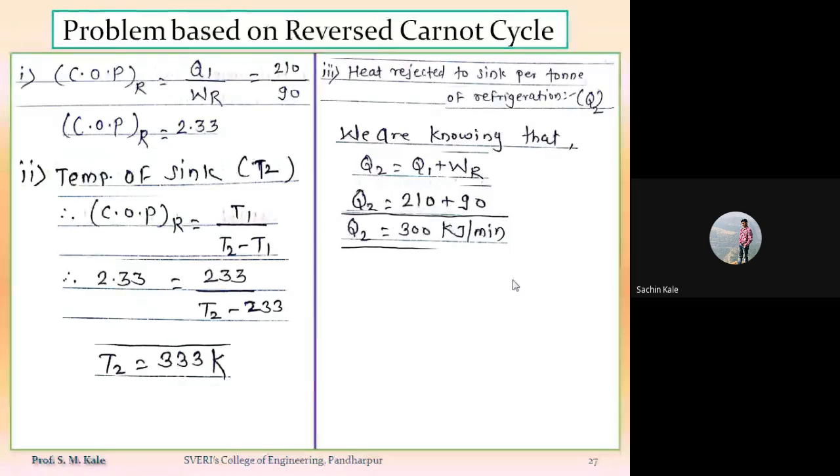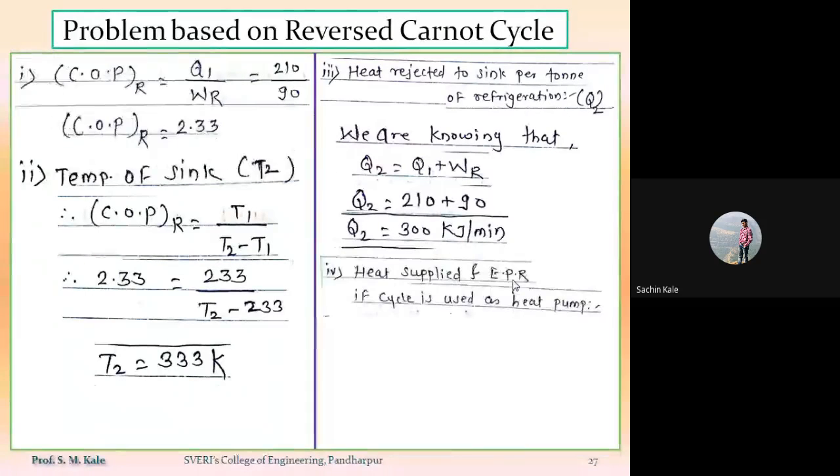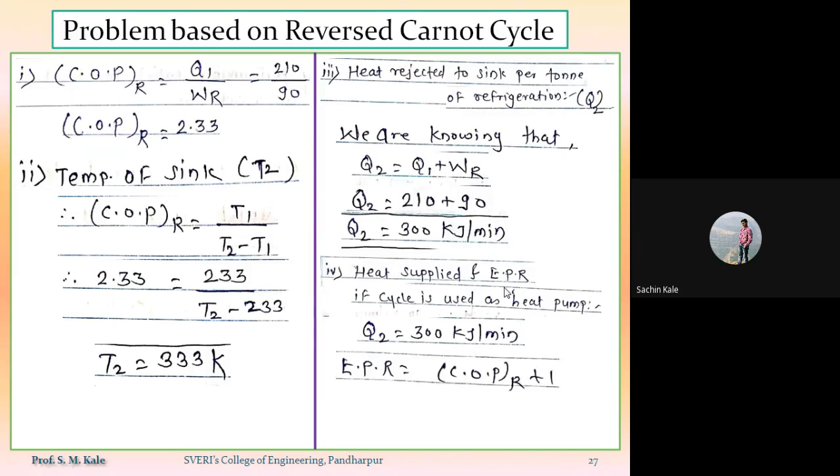And last, we have to calculate heat supplied and energy performance ratio if the cycle is used as a heat pump. Heat supplied we have already calculated, that is 300 kilojoule per minute. And energy performance ratio means COP of heat pump, which is COP of refrigerator plus 1, equal to 3.33.